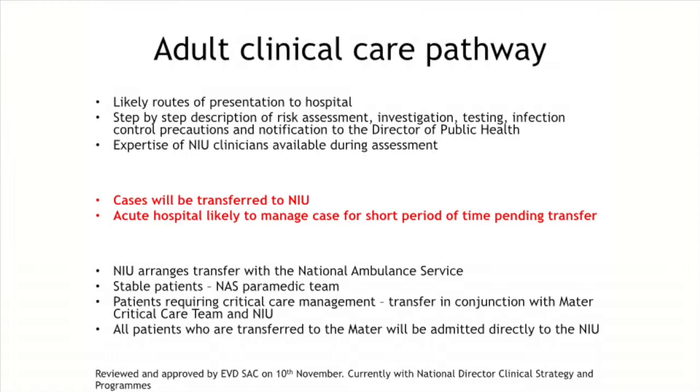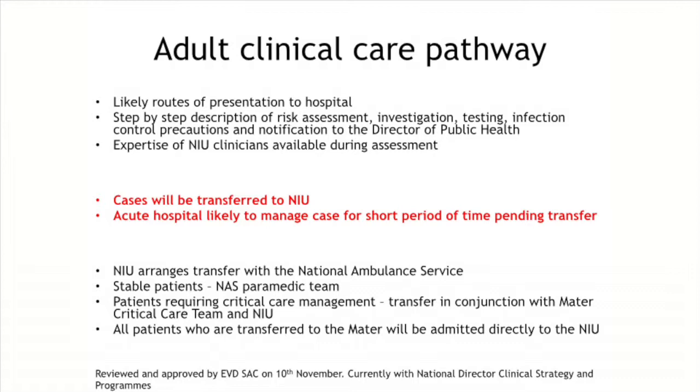So then finally, I'd like just to talk about the adult clinical care pathway, which a lot of work has been done to clarify for the system. It really links the algorithm with the pathways into hospital and from there to the NIU. This pathway, which is a relatively short document, describes the likely routes of presentation to hospital, as I described.